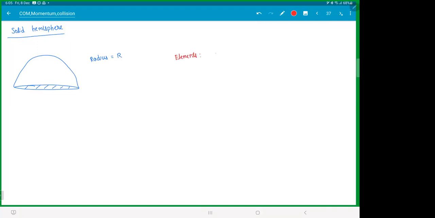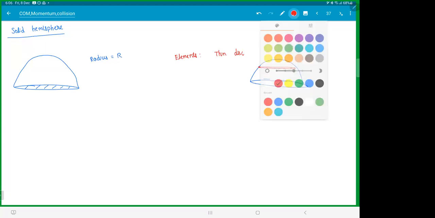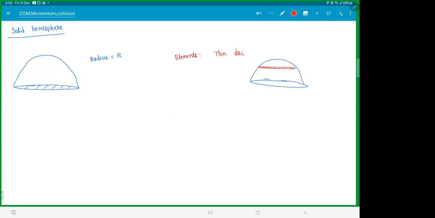We can choose the elements as thin disks, or we can choose elements as thin hollow shells. Like this.